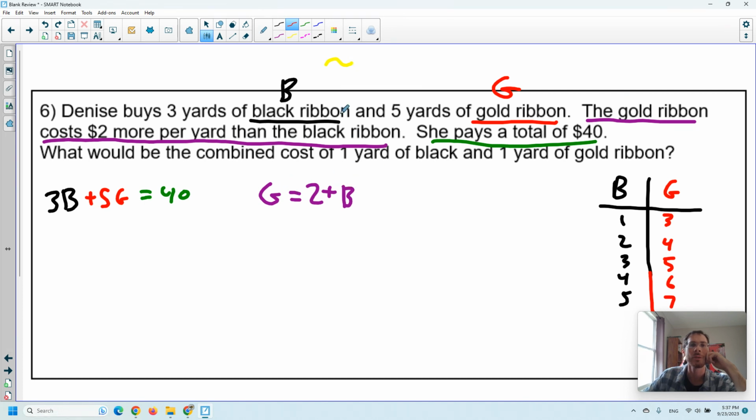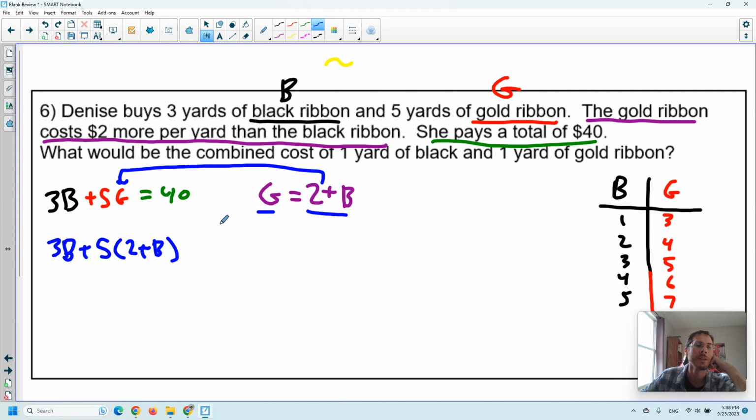But with this, what we can do is we can do something very similar to last year. We can make a substitution. We know that gold is 2 plus the black, so this is going to become 3 black plus 5 times 2 plus black equals 40.